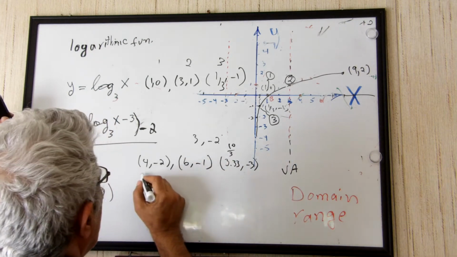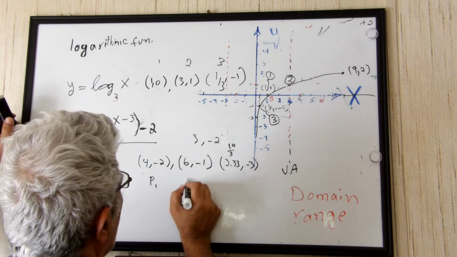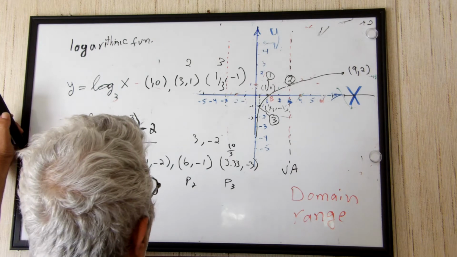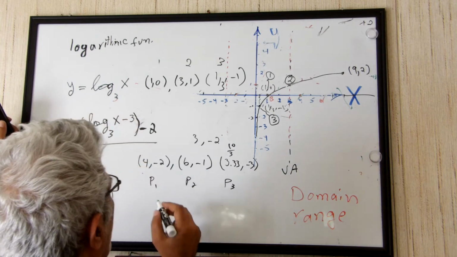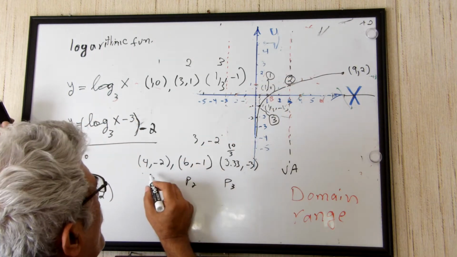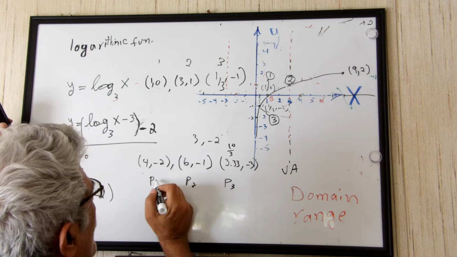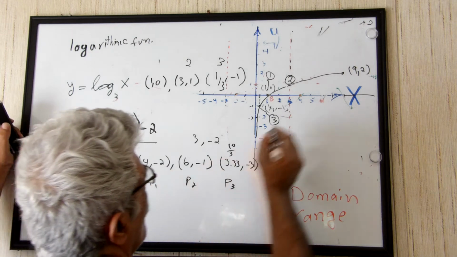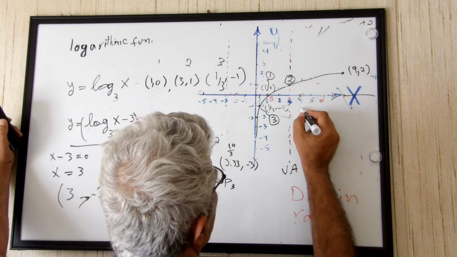And then the other points are P1, P2, P3. For P1, we have 4 for x and minus 2 for y.